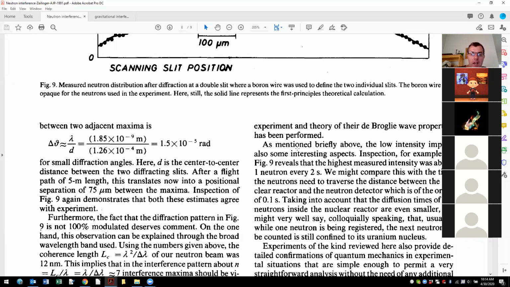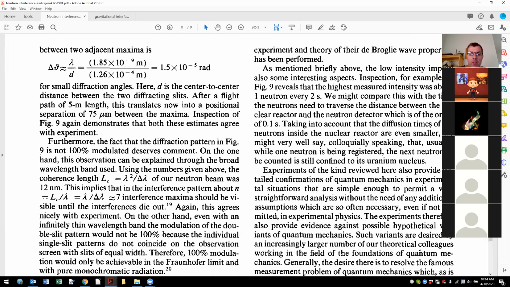Now, the time required to travel from the reactor to the detector was 0.1 seconds. And the time that the neutron spends diffusing around inside the reactor before going into the beamline: there's a reactor where the neutrons are emitted by radioactive elements, and then they bounce around a little bit, and then they exit the reactor, and they get collected and collimated and sent to the specimen.